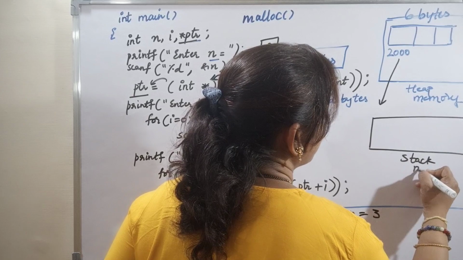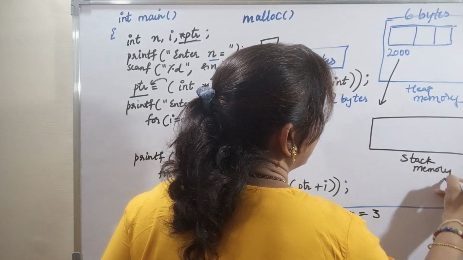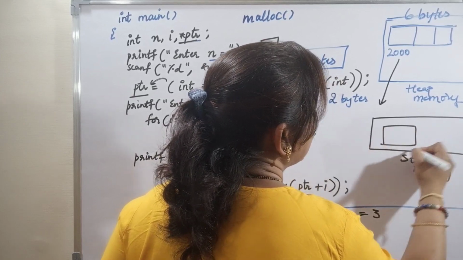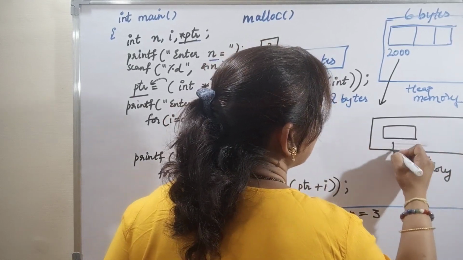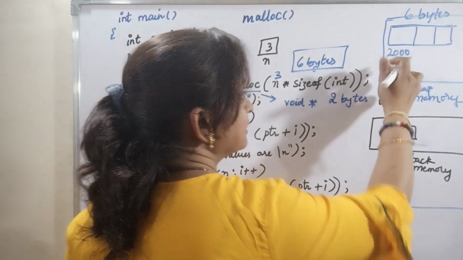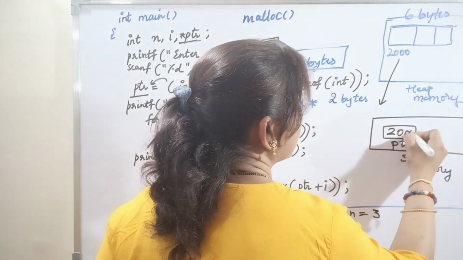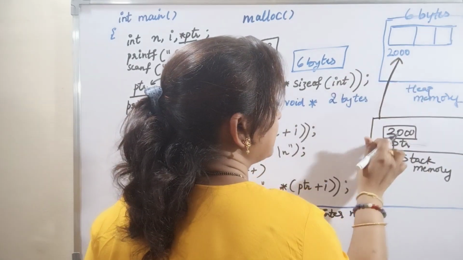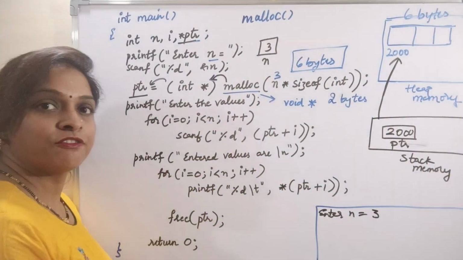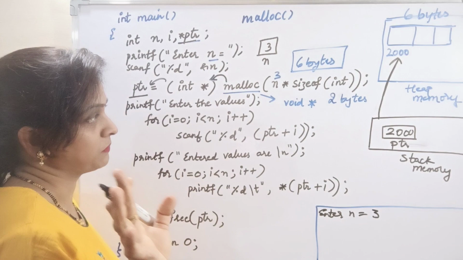In the stack memory, we will have PTR and this address will be written to this. So now this pointer PTR is pointing to this first byte address which is 2000.